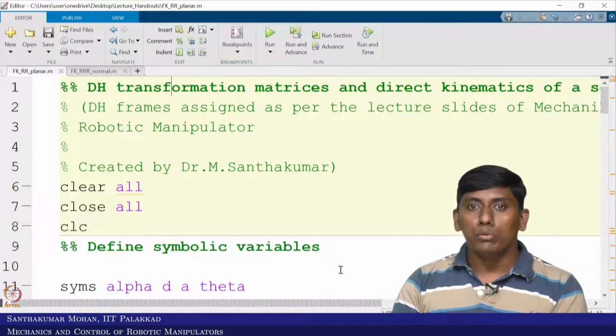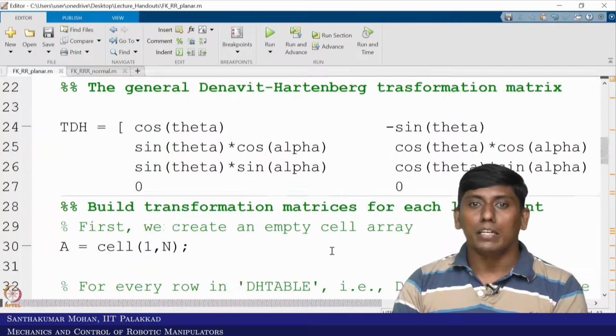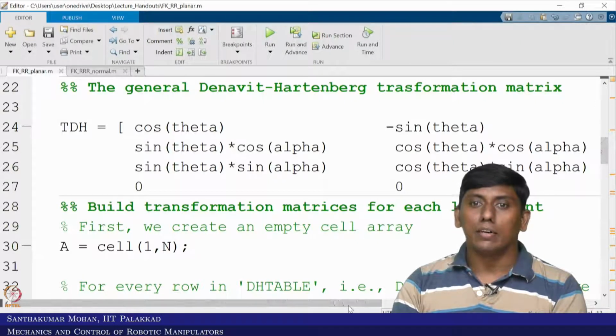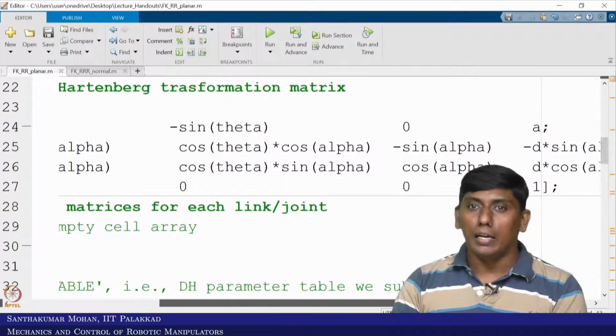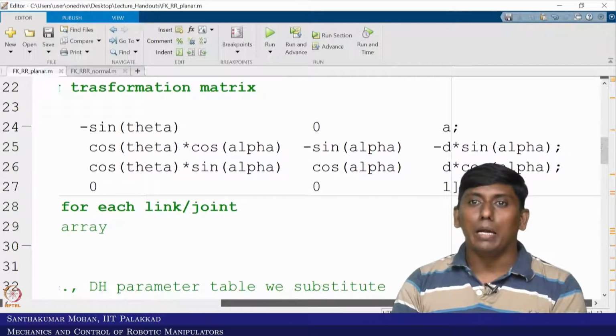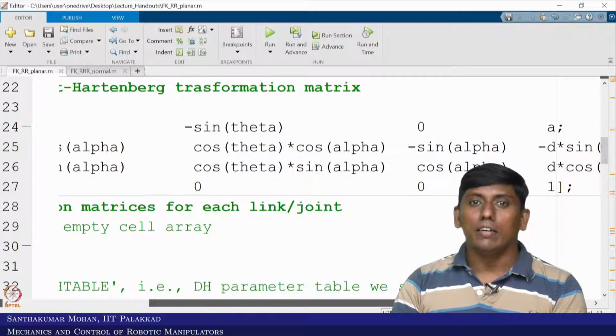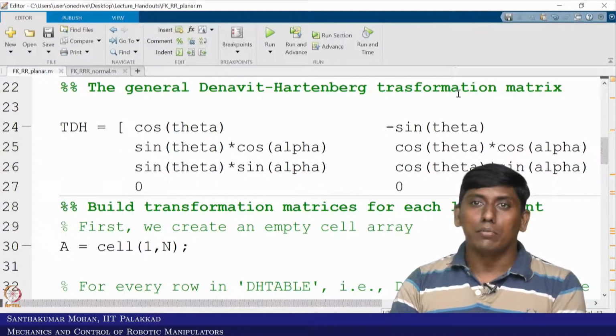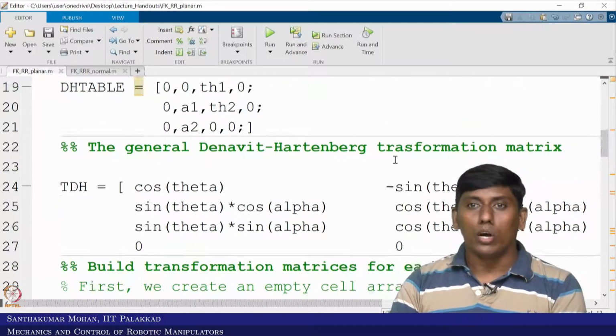If you want to use the same thing for the standard one, then the ARM matrix I have written here needs to be modified. Here I have written it as a mix of alpha i minus 1, a i minus 1, theta i and d i, although I did not label it here, but that is the idea which changes. So the general Denavit-Hartenberg transformation matrix here is the non-standard one.